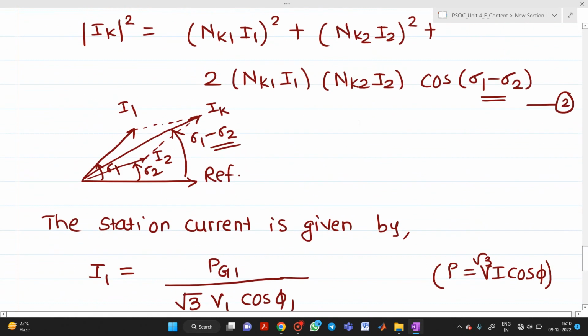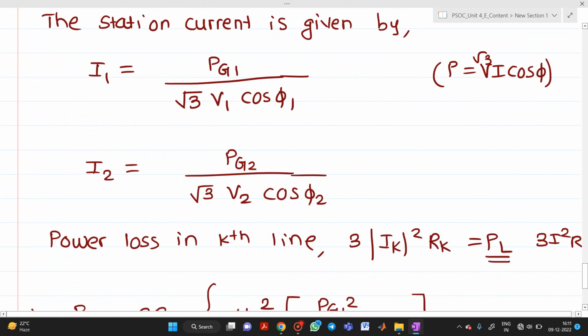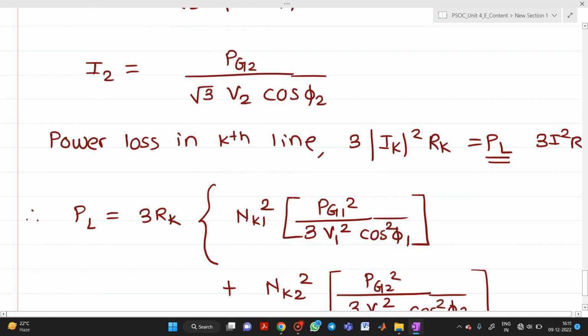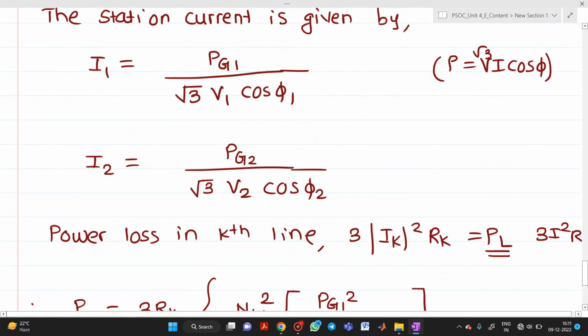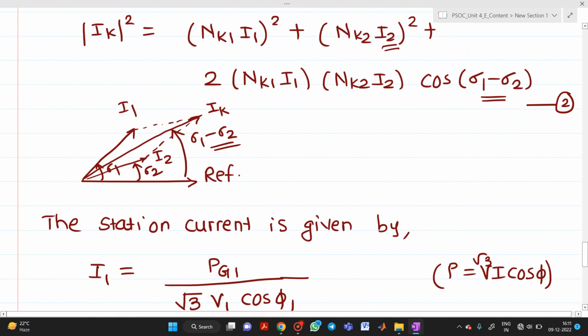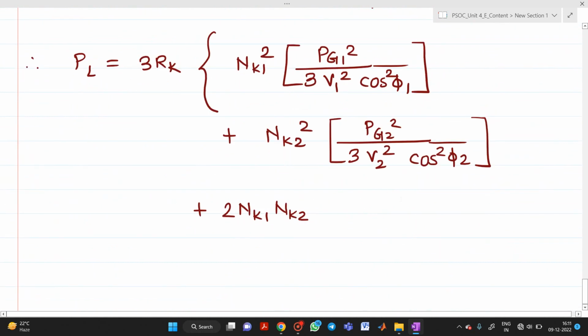Because in the formula we have I2, and I2 equals Pg2 upon root 3 V2 cos phi 2. So we will get this term plus 2 nk1 nk2 cos of sigma 1 minus sigma 2. I will write it as it is here, cos of sigma 1 minus sigma 2.